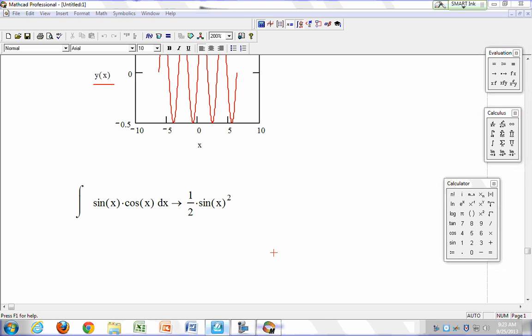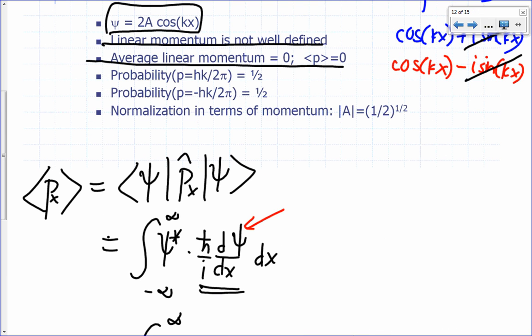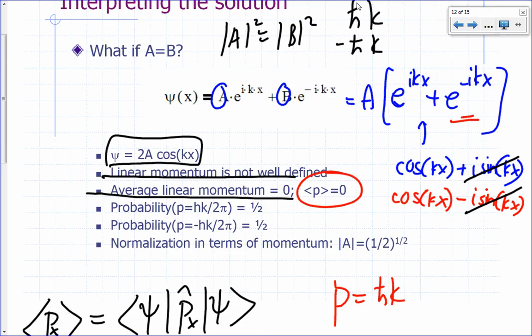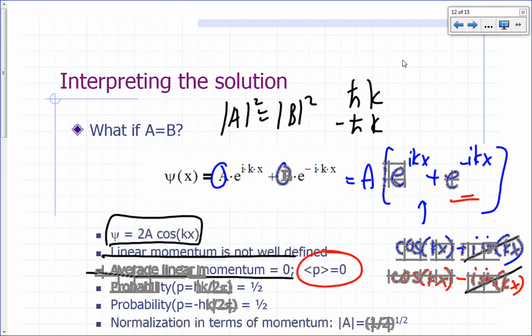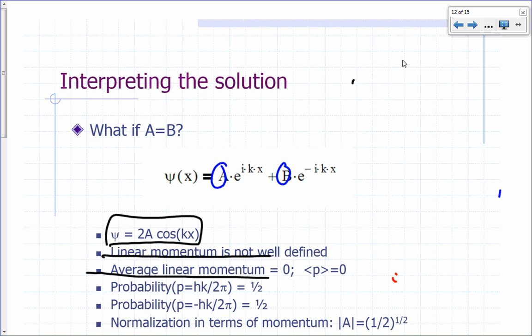All right, so going back, if this is 0, then what we're saying is your average linear momentum is 0. Why is that? Well, what's the probability that p is equal to h bar k? Let's take a look at this one.